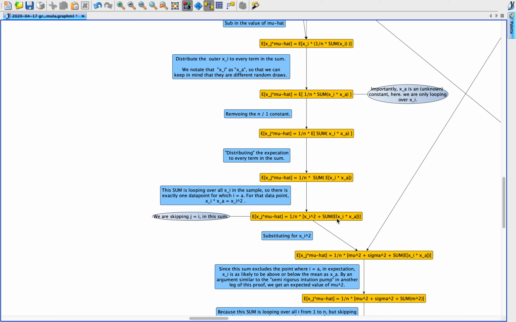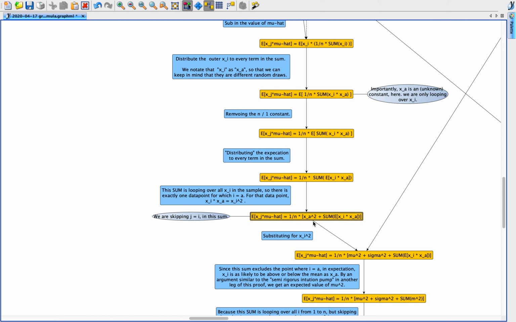In any case, we have a sum of the expectation of xi times xa. So a particular random draw times every random draw in the sample except itself, and xa times itself.